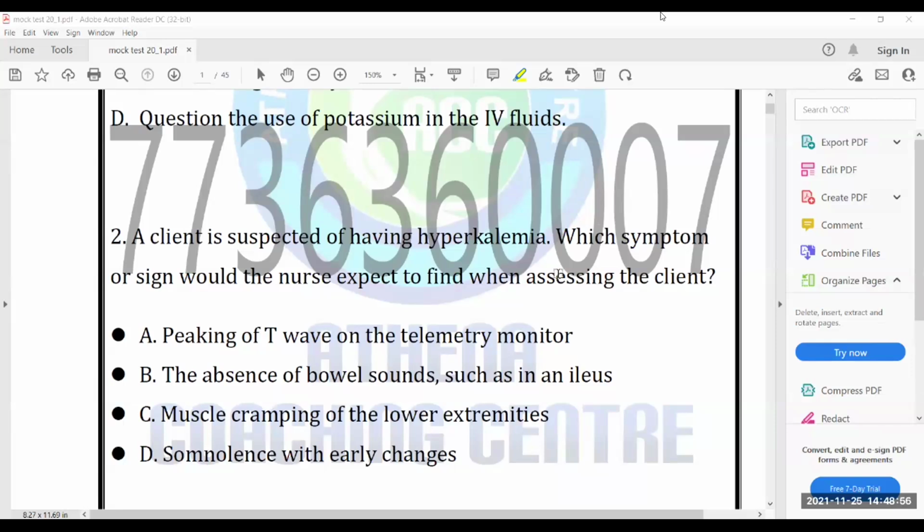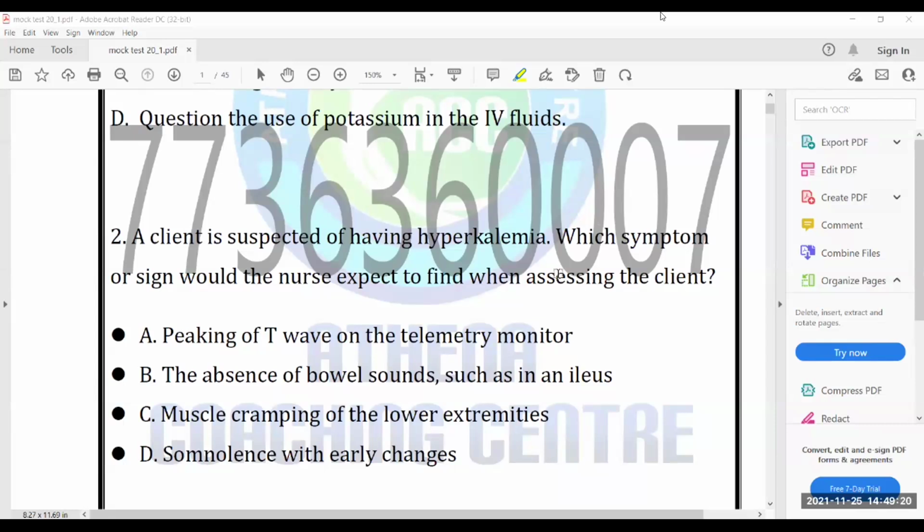And what are the causes of hypokalemia? Certain medications will cause hypokalemia. Vomiting causes hypokalemia. Loop diuretics will cause hypokalemia. Certain endocrinal disorders will also cause hypokalemia.